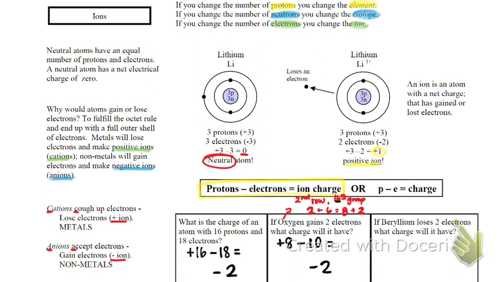How many protons does beryllium have? Where is beryllium on the periodic table? Row 2, 4 protons. Okay, so its electrons should match its protons at the beginning, right? So row 2, group 2 should have 4 total electrons, but we're losing 2.